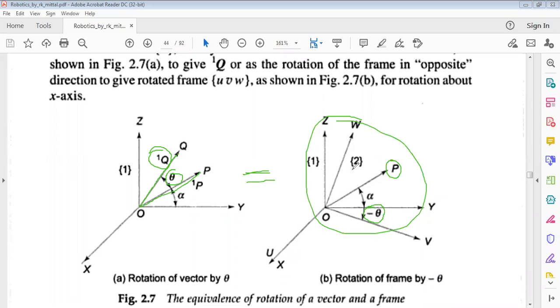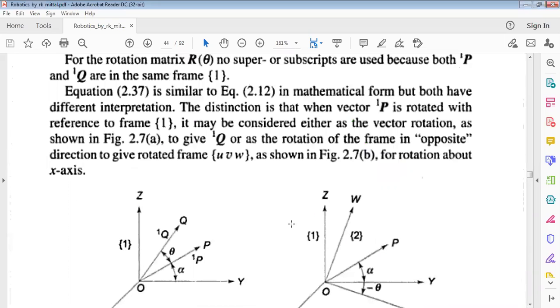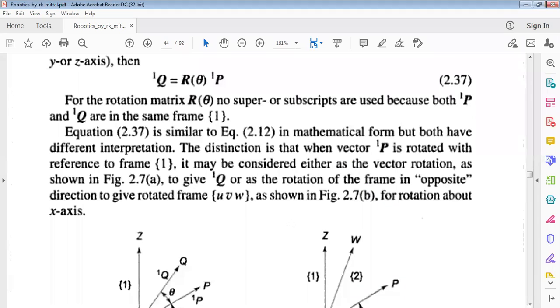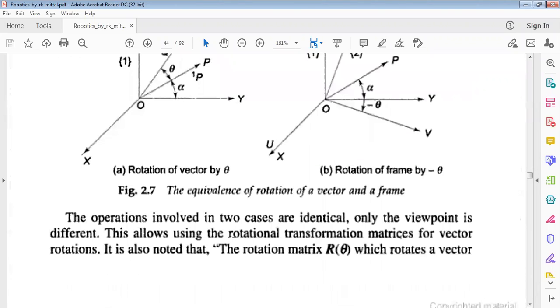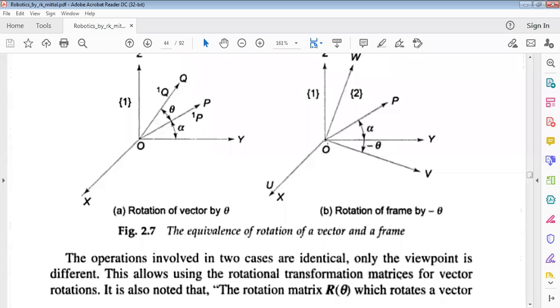So both the figures represent the same thing.